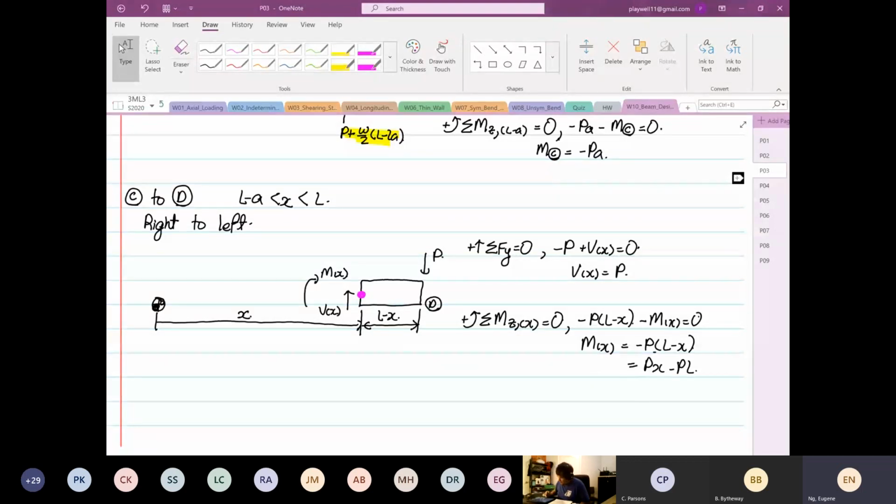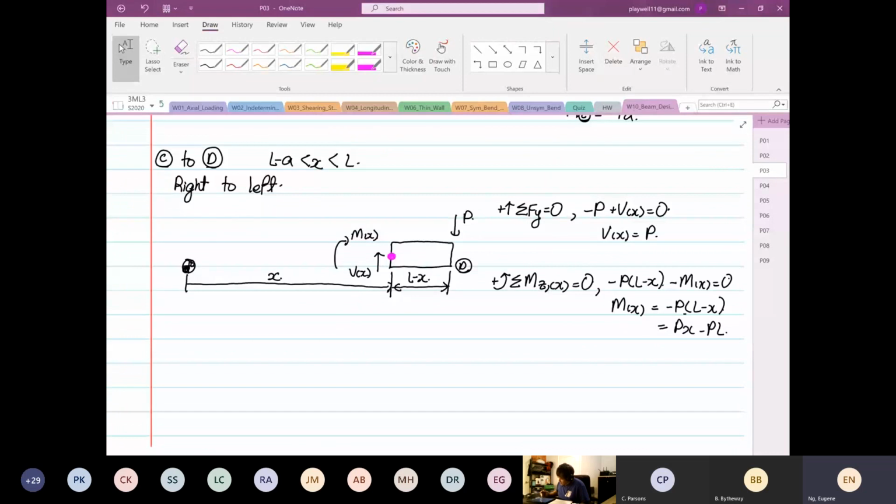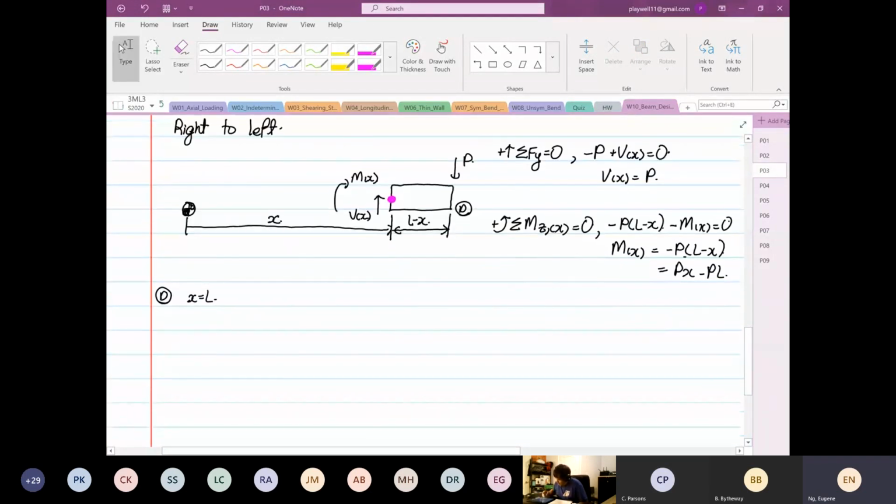And finally, at point D, where x is equal to L. Okay, again, now it's a very small strip like this. So you have a load P down here. Your datum is still on your left hand side.